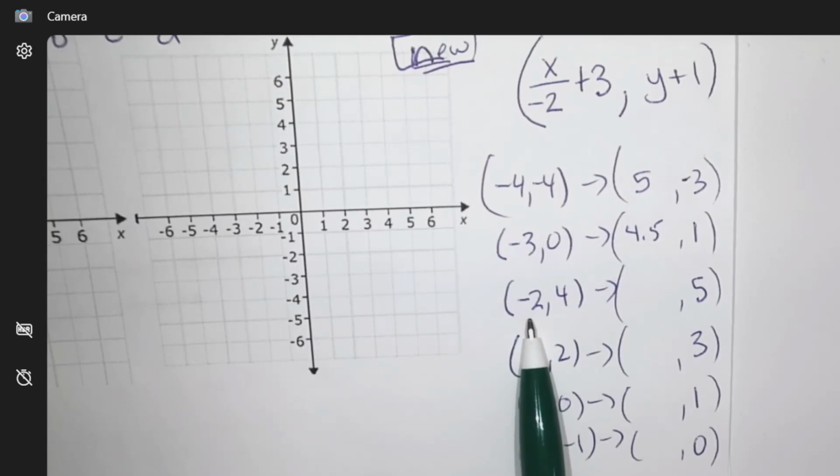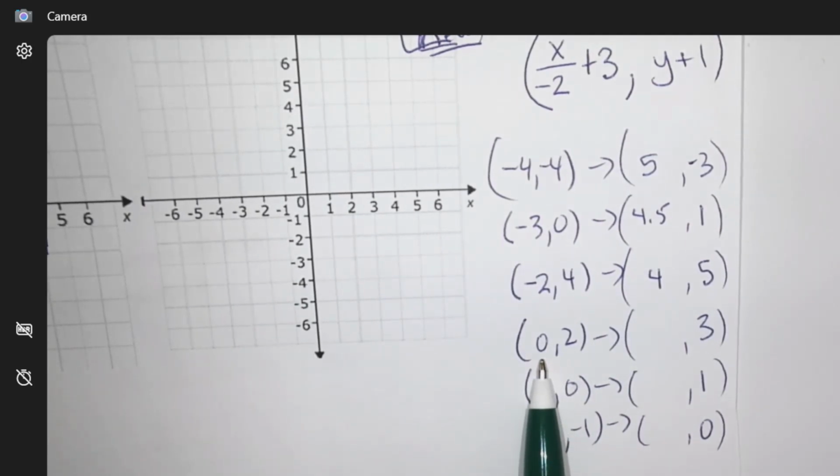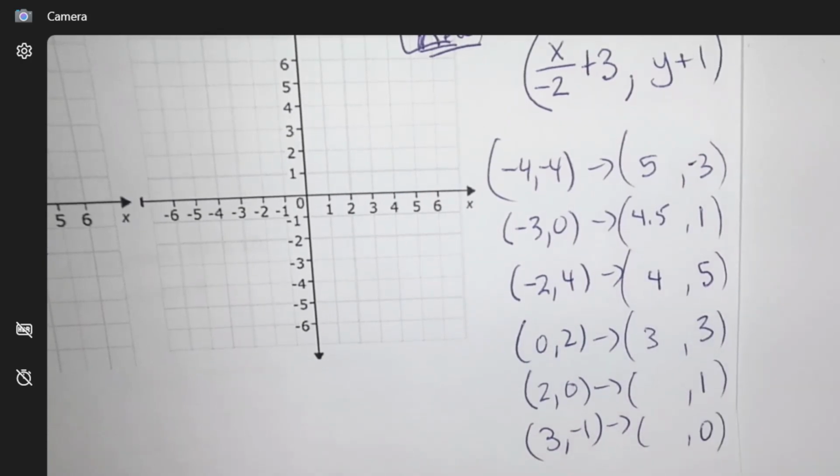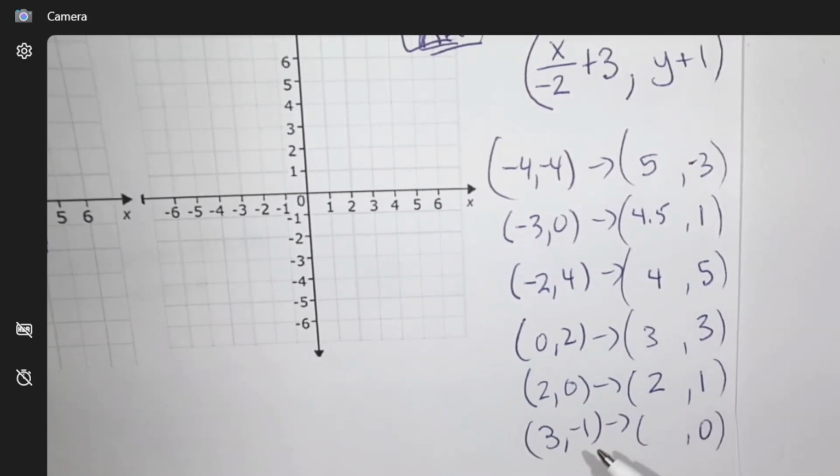Divide by -2 is 1 plus 3. Divide 0 plus 3. Divide by -2 and you get to -1. And then -1 plus 3. Divide by -2 is -1.5. -1.5 plus 3.